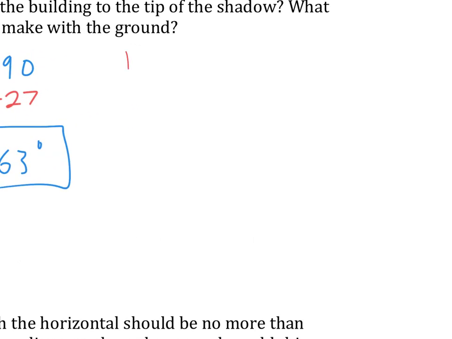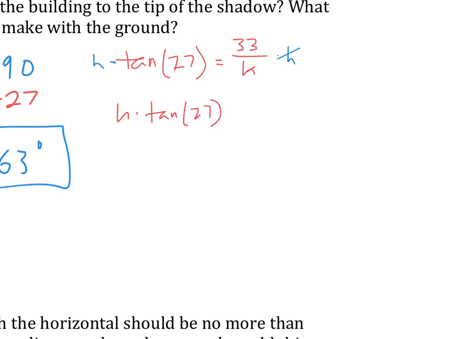So tangent of 27 equals 33 over H. And multiply both sides by H. So H times the tangent of 27 is 33. Then divide both sides by the tangent of 27.